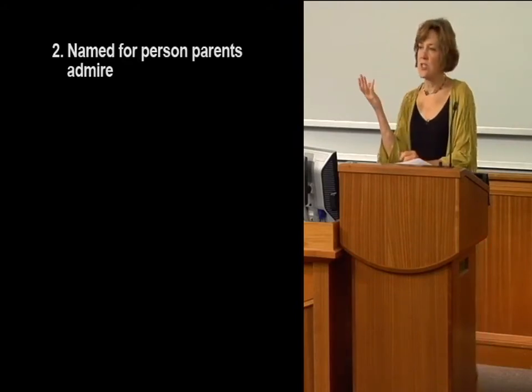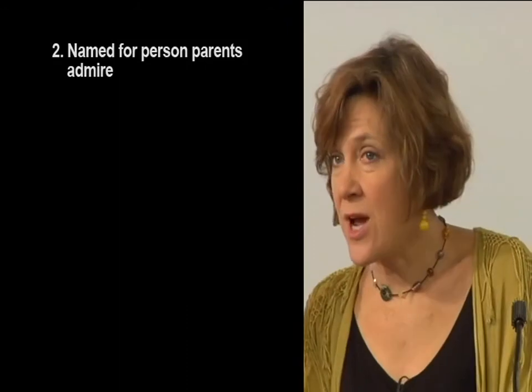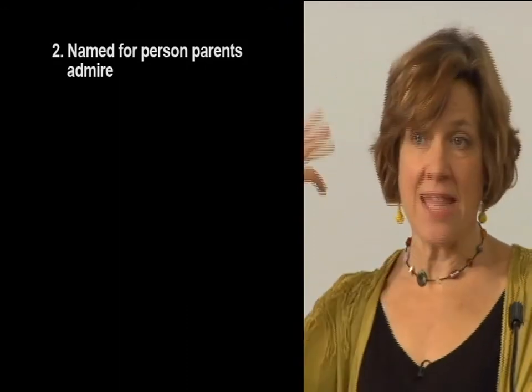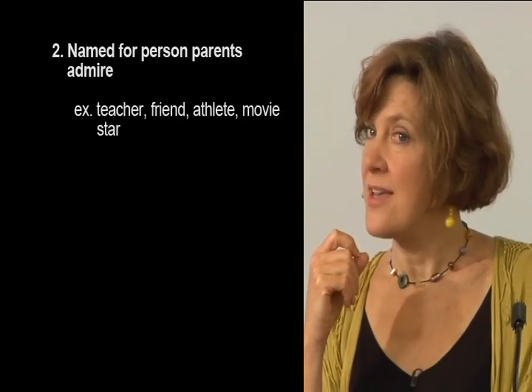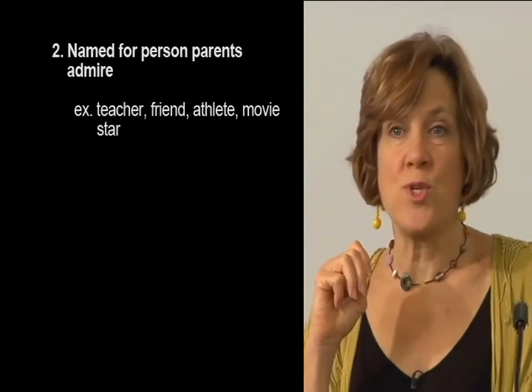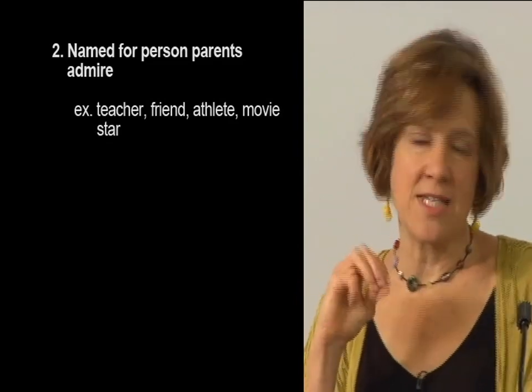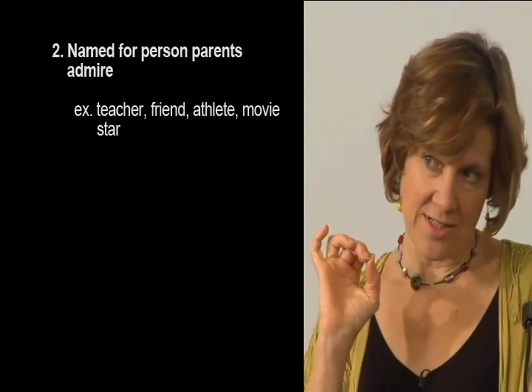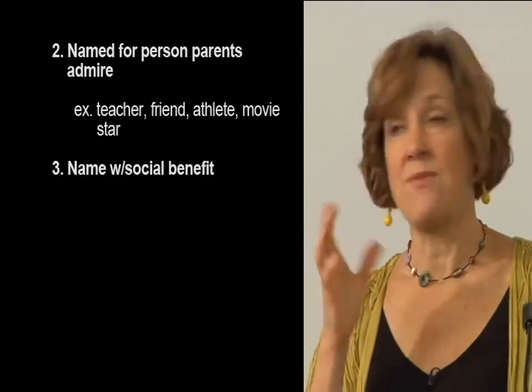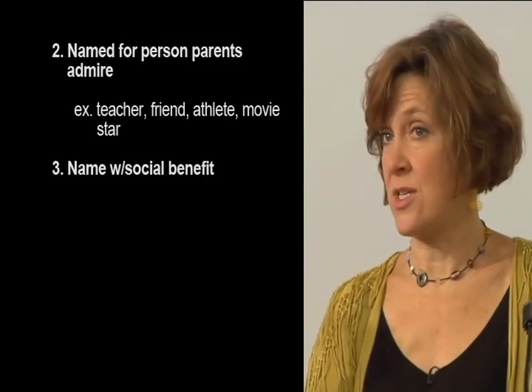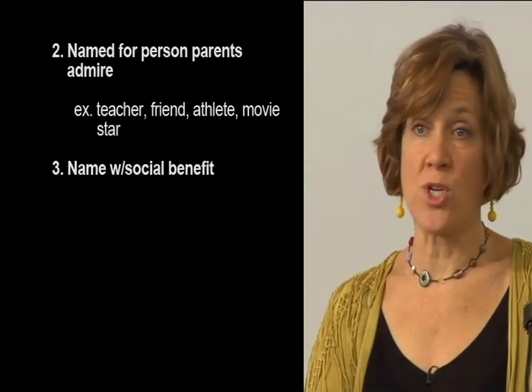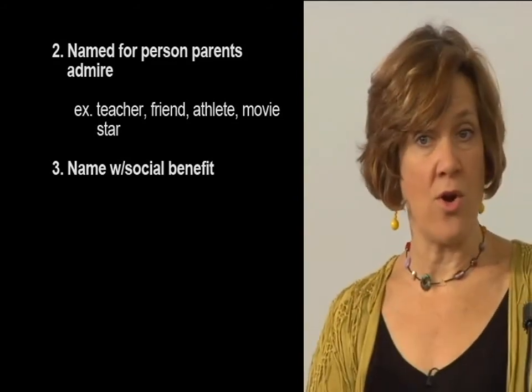The second way parents choose names is to name a child after someone the parents admire, such as a favorite teacher, a family friend, or even a famous athlete or movie star. The third way is to choose a name the parents feel will provide some social benefit to their child. For example, if they're concerned about gender discrimination, they may choose a name that works for either a boy or a girl.